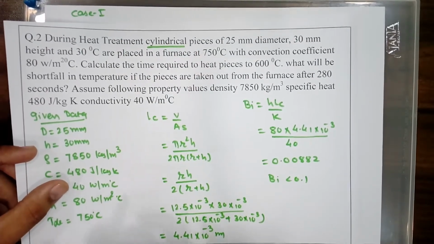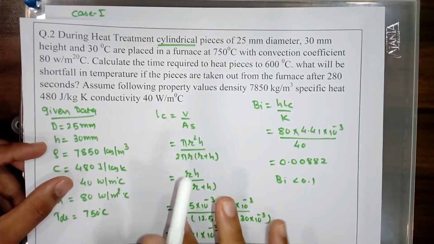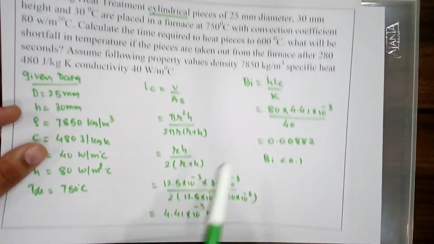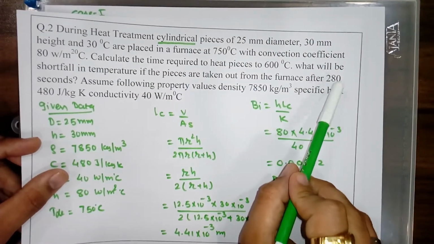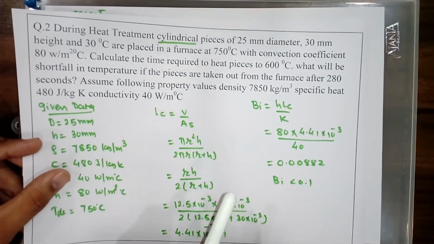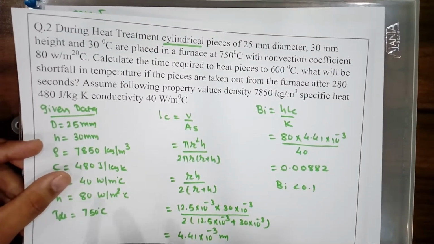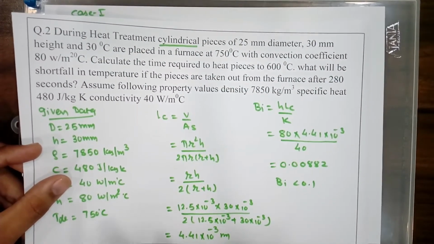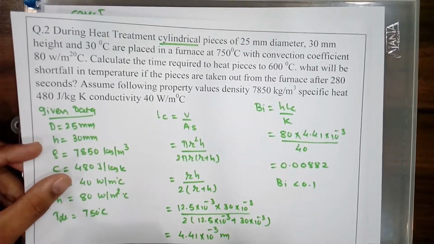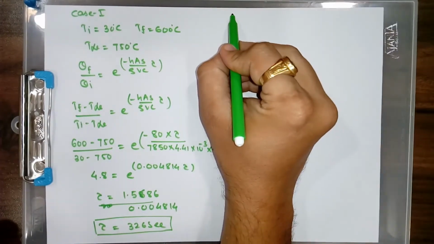The time required to reach 600 is 326, and we take the piece out at 280 seconds, so definitely the final temperature is less than 600. We need to calculate how much shortfall is generated due to taking the piece out of the furnace earlier. Now let me calculate the final temperature in case number 2.